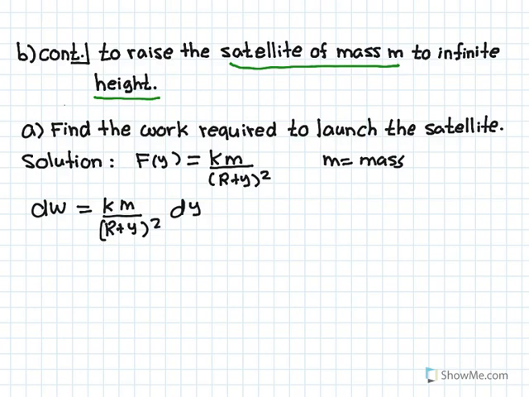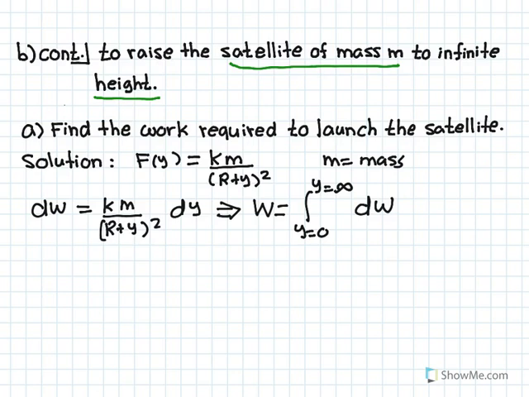Work is force times distance. Now we integrate, add up all the elements of work that's needed to launch this satellite from the ground level of Mars to infinite height. So work is the integral from y equals 0, ground level, to y equals infinity, infinite height into outer space, of dW. So this is an improper integral.